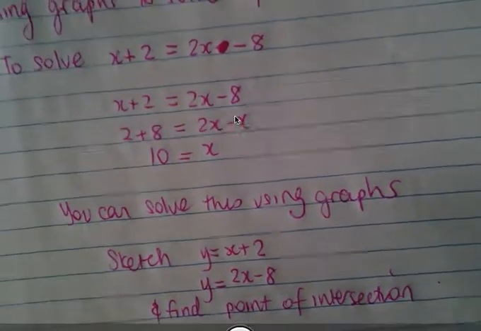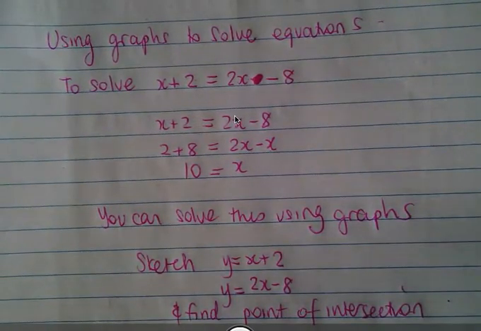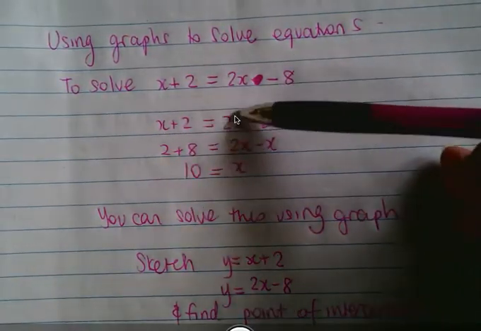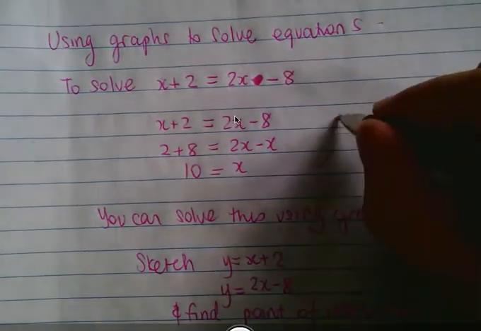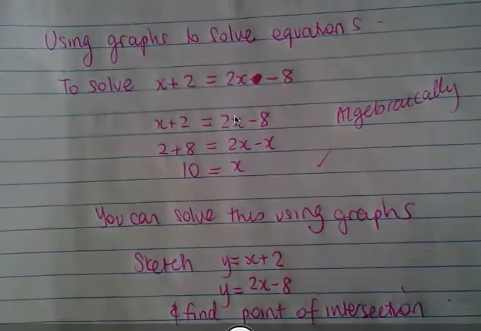All right, so if you want to solve something like this, not that you would do this, I'm just showing you an idea of a concept. If you want to solve x plus 2 equals 2x minus 8 algebraically, you can do it like that. But you can also solve it using graphs.